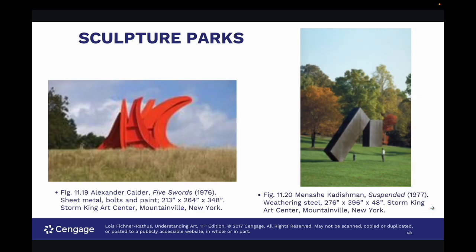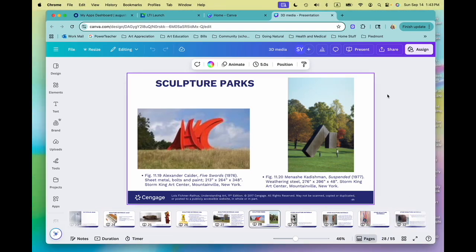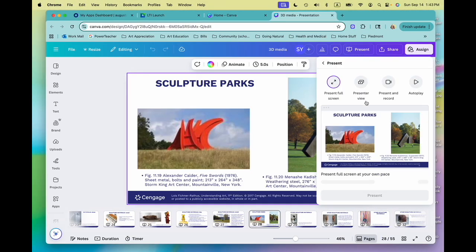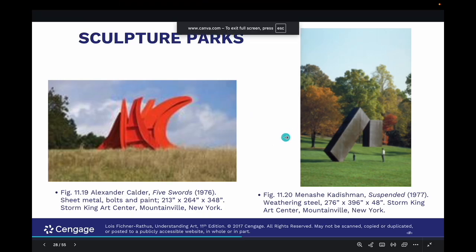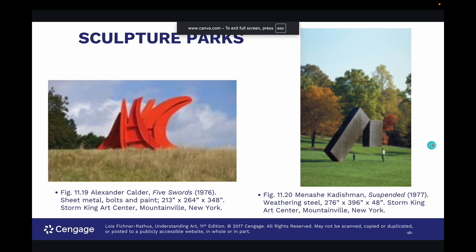Here are two other examples of sculptures from that sculpture park. I'm going to see if I can get it a little bit more in focus there. Well, I guess those are just going to be a little bit blurry. But you can see the size of them with the people in the photograph on the right.